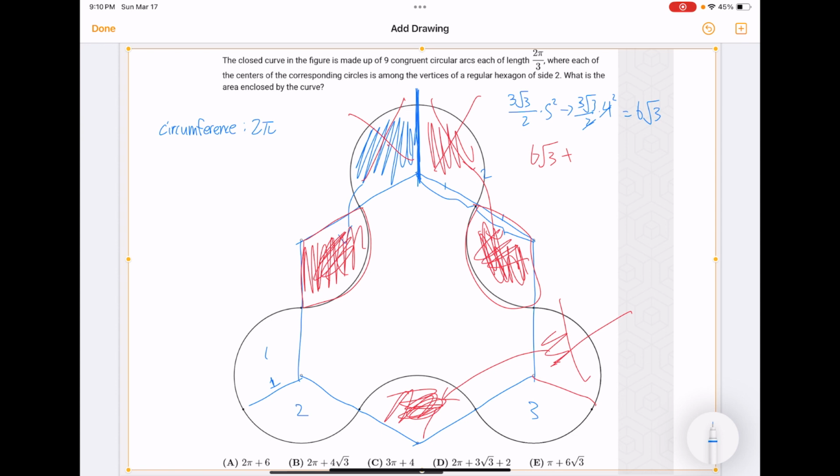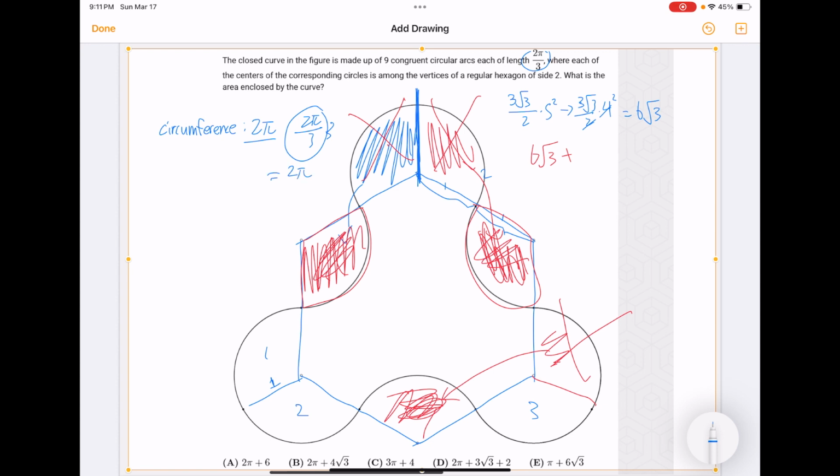Then it also tells us one more very important piece of information: the length of each circular arc is 2 pi over 3. If you look at the relationship between the circumference of the whole circle, 2 pi, and 2 pi over 3, we see that each arc is a third of the whole circle. So if we multiply the length of one of the arcs times 3, then we would get 2 pi.